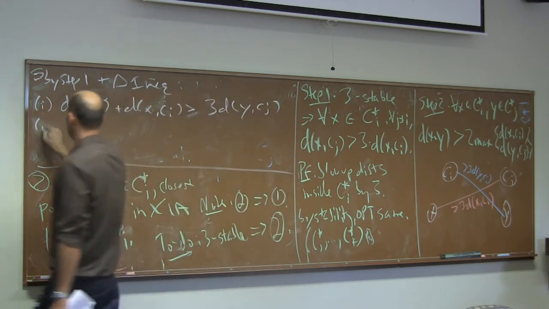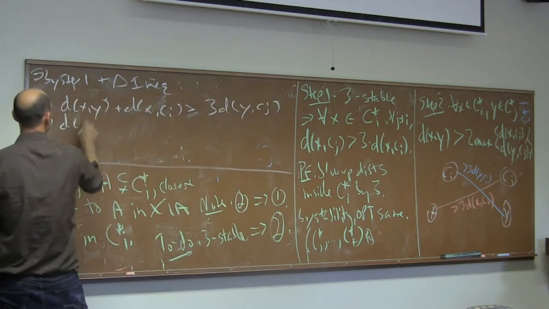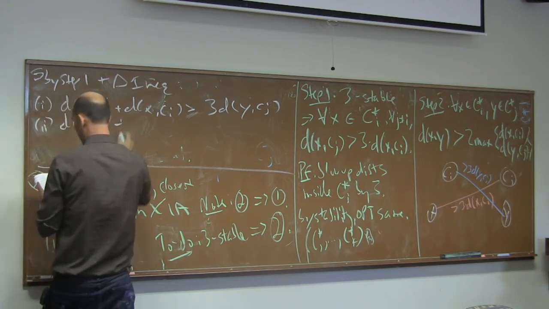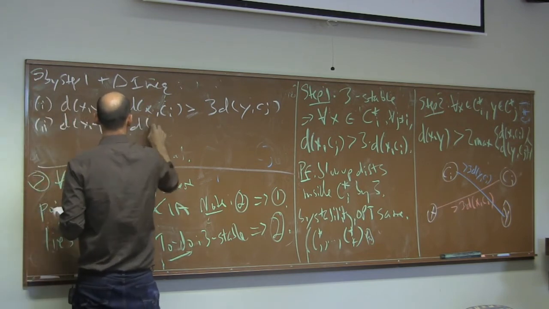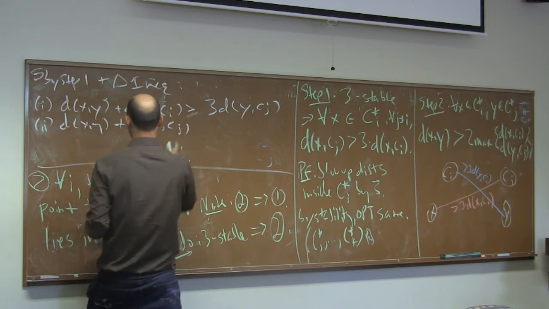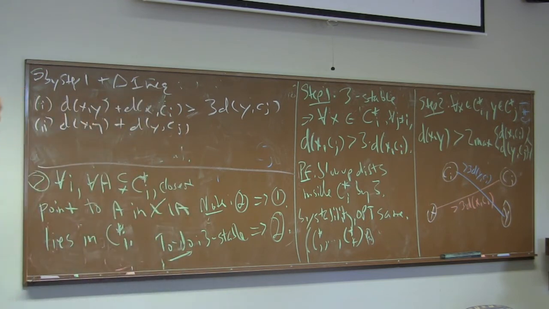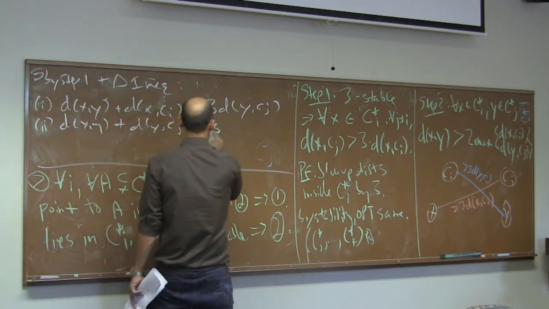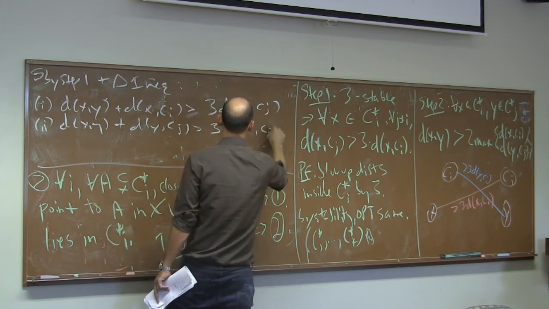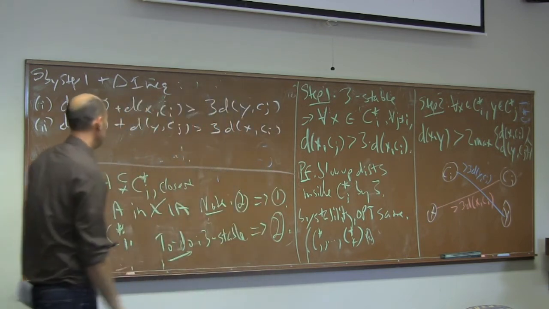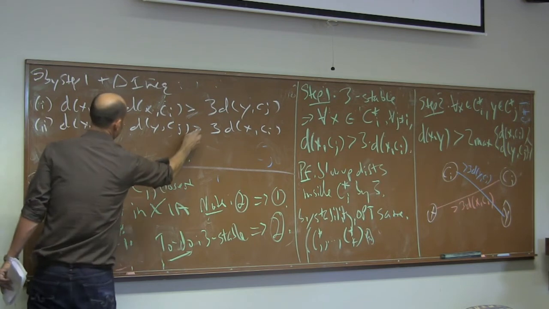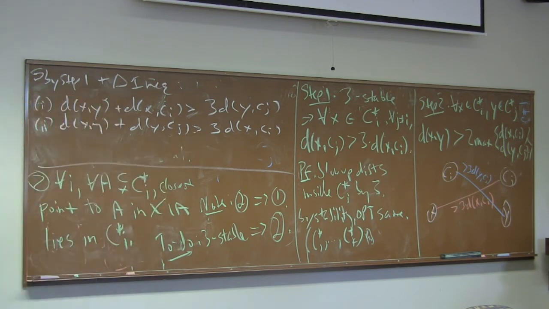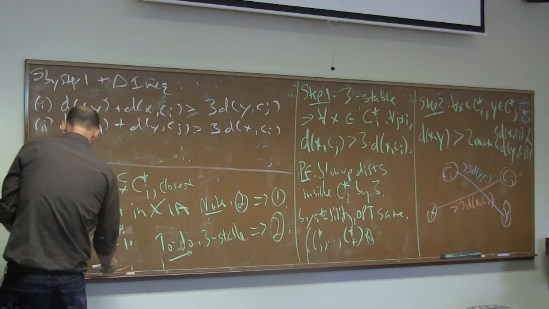Similarly, if we go from x to Cj via y, that's lower bounded by the straight line distance between x and Cj, which by step 1 is at least triple the distance between x and its own center, Ci. So that's just that picture on the right plus the triangle inequality. And now we're done.